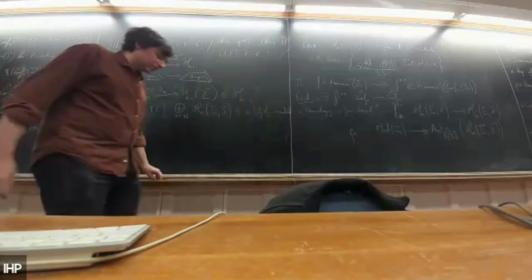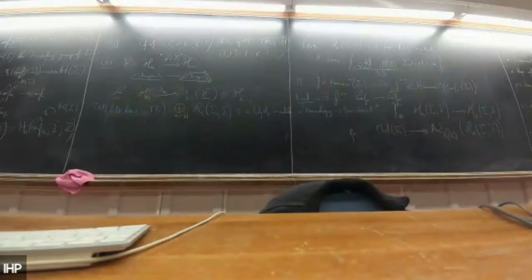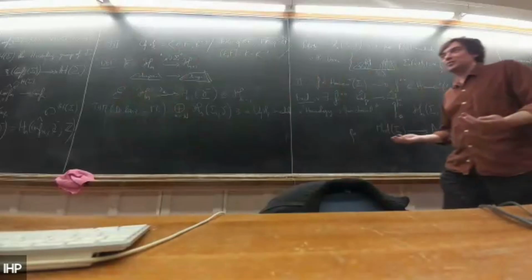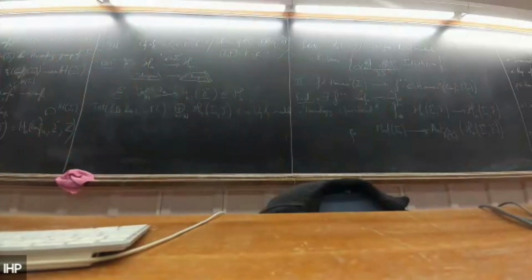And then, so I told you at the beginning also, by evaluating Q at the root of unity, you recover Lyubashenko's representation. How do you evaluate this?